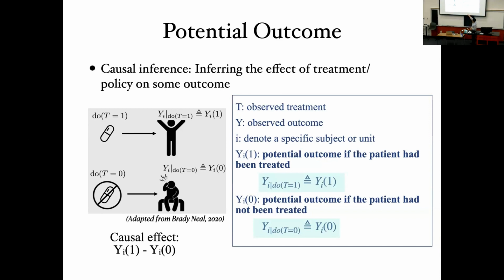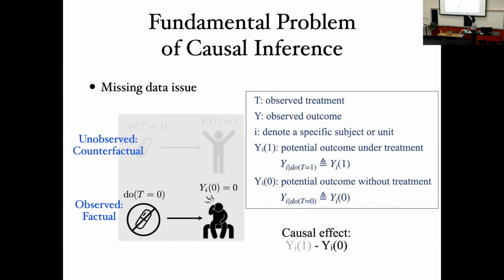We say this is the potential outcome because in practice, for the same subject, you can only do at most one of them. You can set T to 1 or to 0, and then the other is hidden. You cannot observe it, so it's clearly potential, because you cannot observe them at the same time.